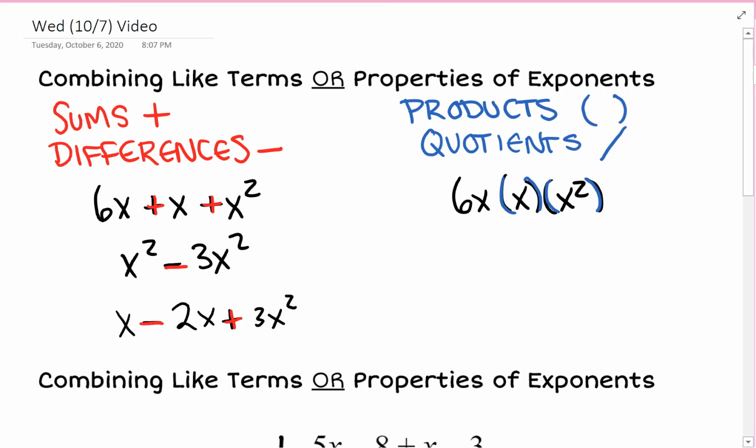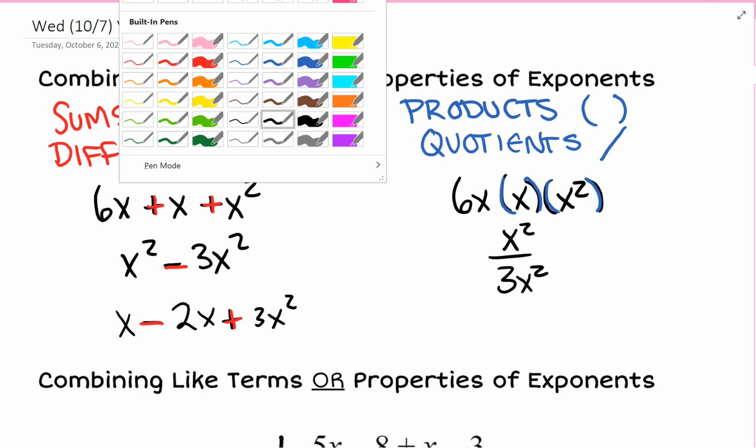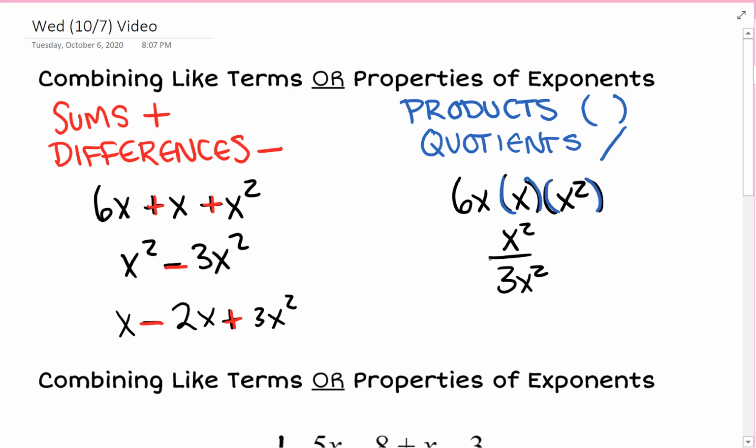Another possible expression that would require properties of exponents could be x squared divided by 3x squared. This would require properties of exponents because we have a quotient.